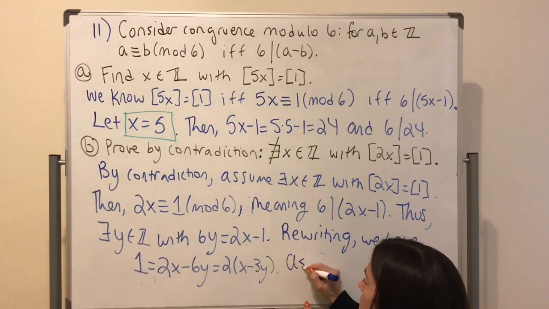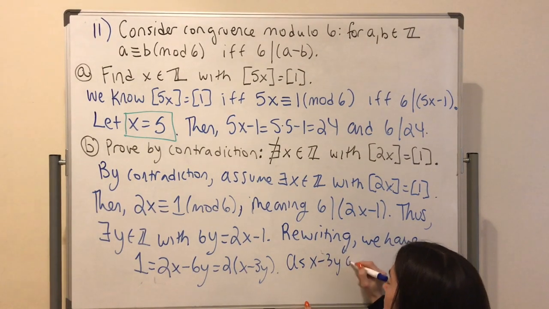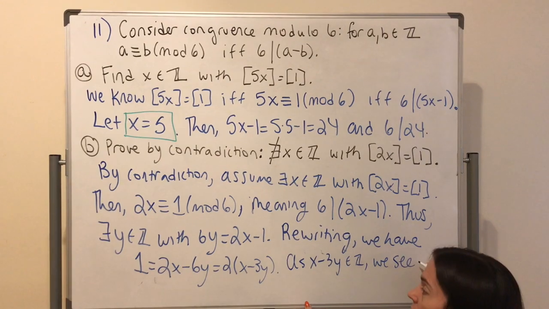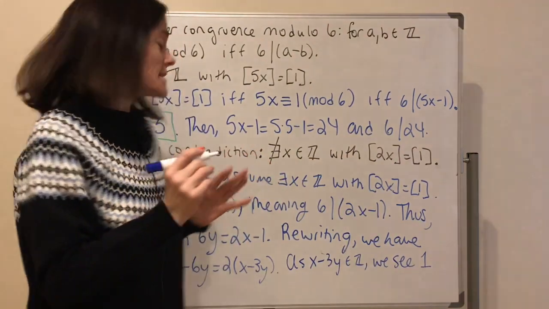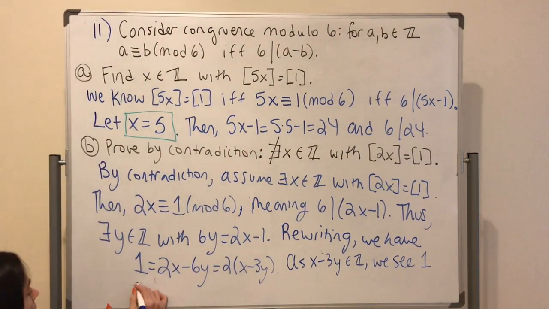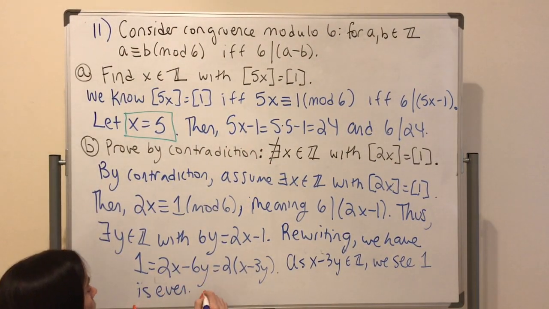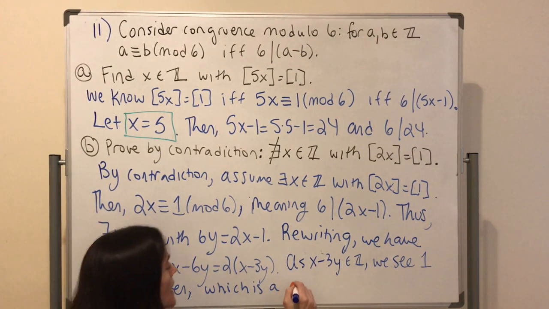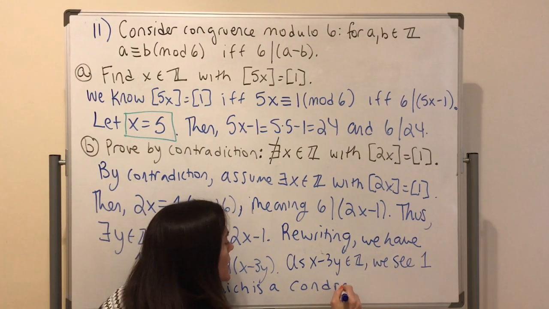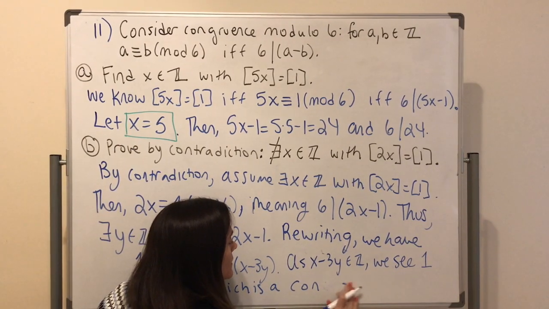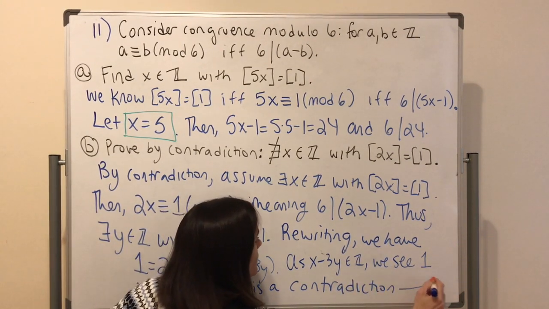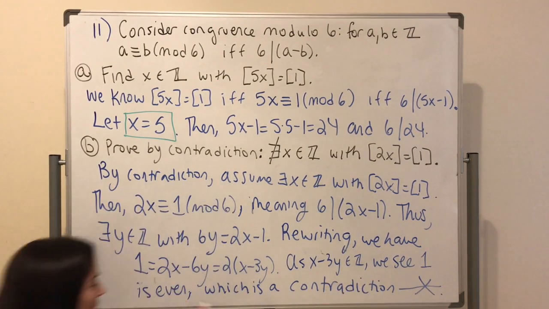As x minus 3y is an integer, we see that 1 is even. And this is definitely not the case. 1 is even, which is a contradiction, because 1 is odd. Okay, I had just enough space for that one.